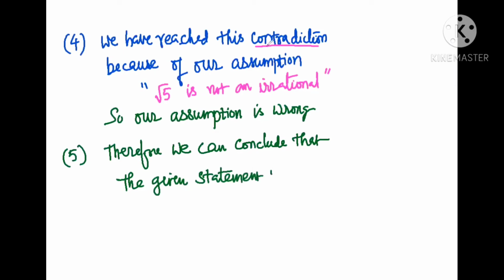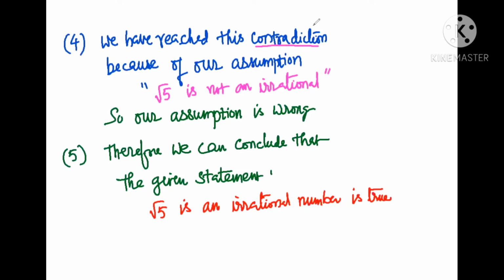What is the given statement? Root 5 is an irrational number. In this way, we prove a statement by contradiction. That means the indirect method.